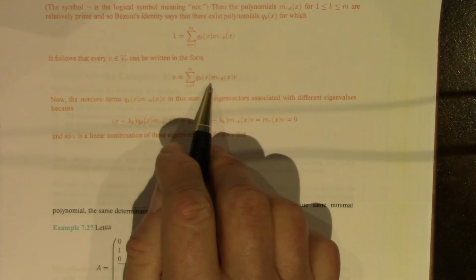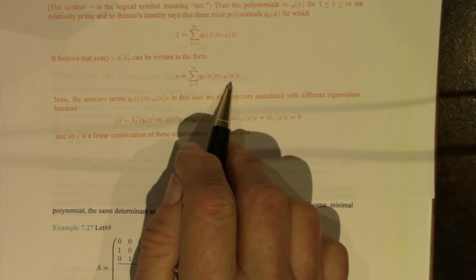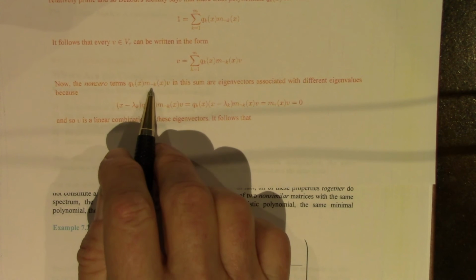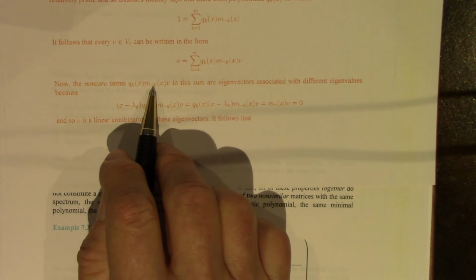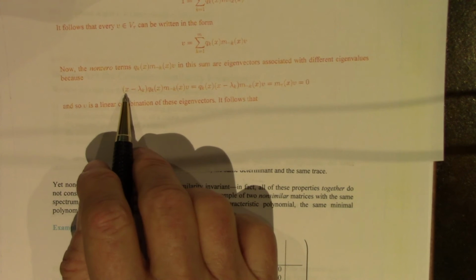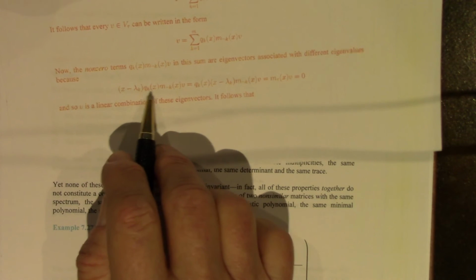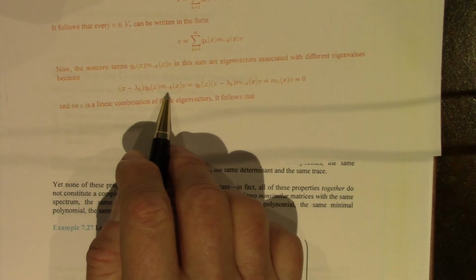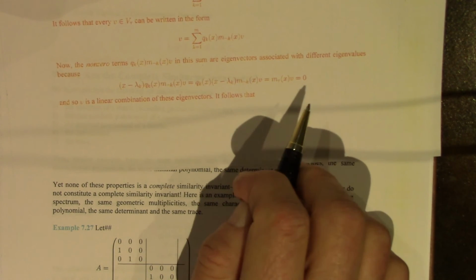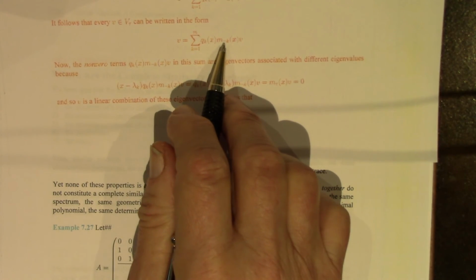So if v is non-zero, then we can look at the non-zero terms. They are eigenvectors, and they're associated with different eigenvalues, because if you apply x minus lambda k to this particular kth term, you can rearrange here and you'll get 0. So the non-zero terms here are eigenvectors, which means that v is a linear combination of eigenvectors.